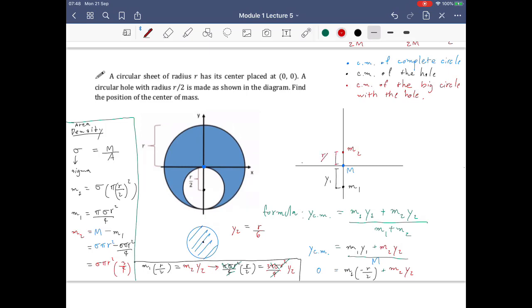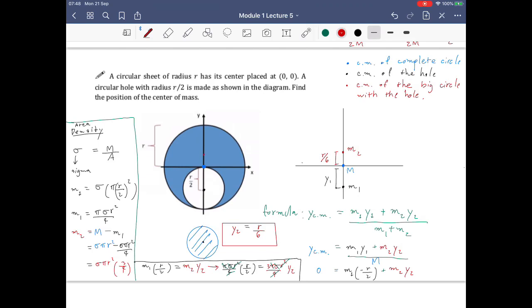So that means here this is r over 6, and that is the position of the center of mass of this circle with the hole.